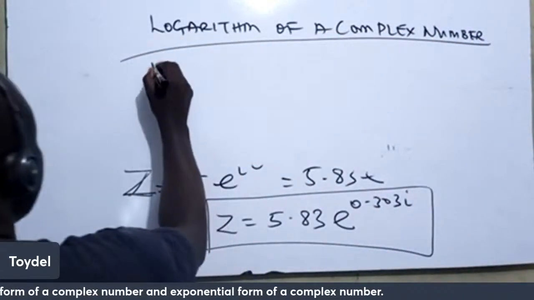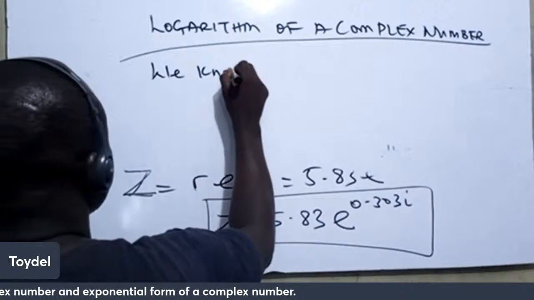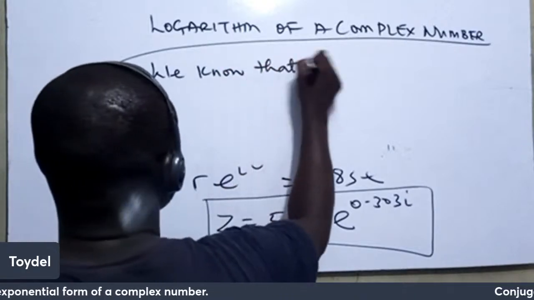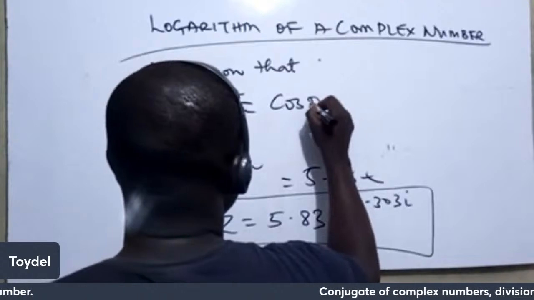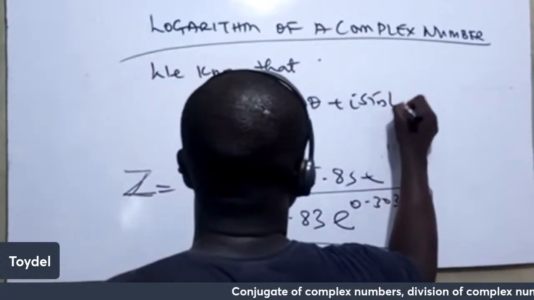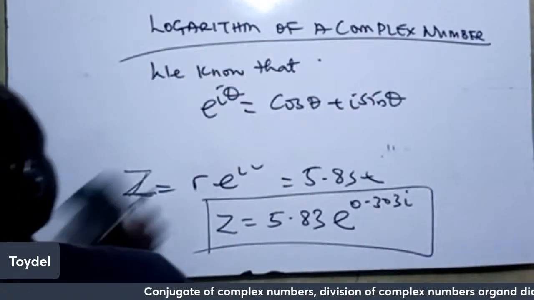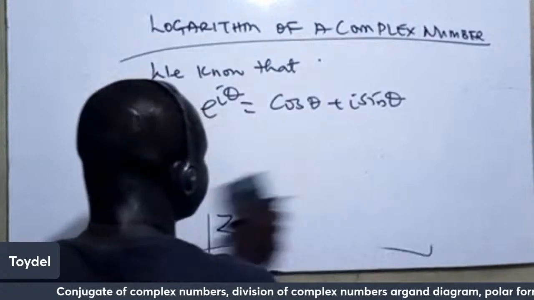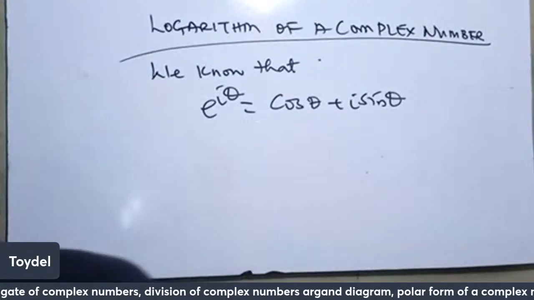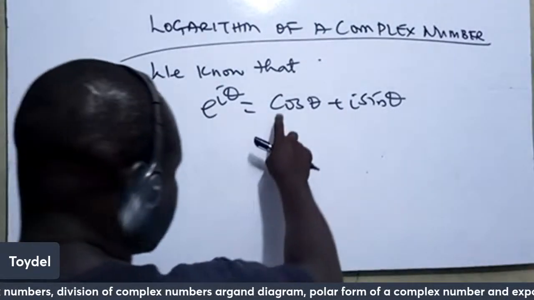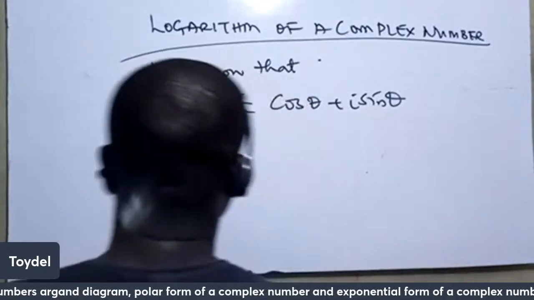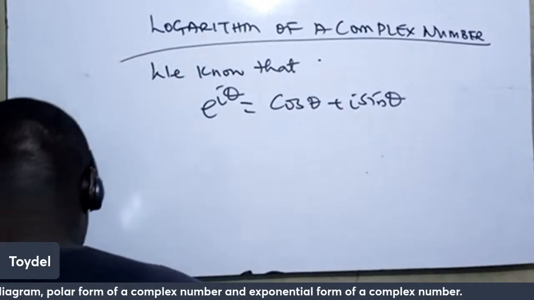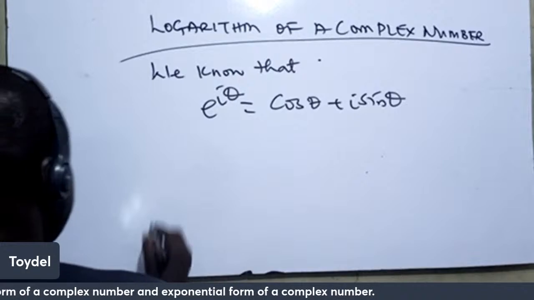So what do we know? We know that e^(iθ) is the same thing as cos θ + i sin θ. That is, if you look at the power series expansion of these two, it's the same. The power series expansion of e^(iθ) gives us the power series expansion of cos θ + i sin θ. That is a known fact.